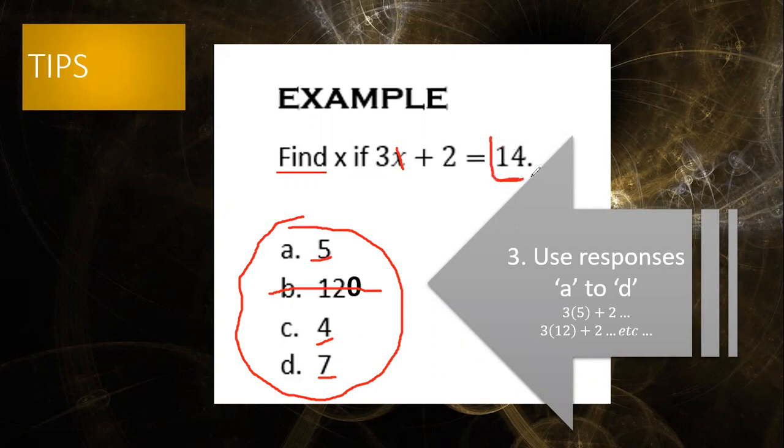Yeah, you could make x the subject and stuff, right? But what we're trying to do is use your reasoning skills, which is the highest skill above your mathematical skills in multiple choice.